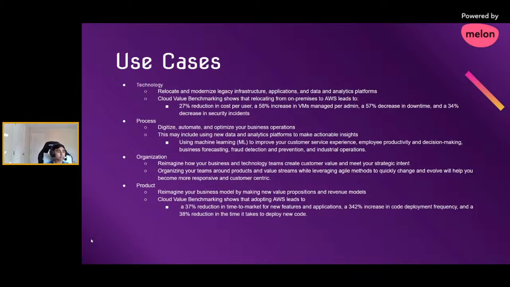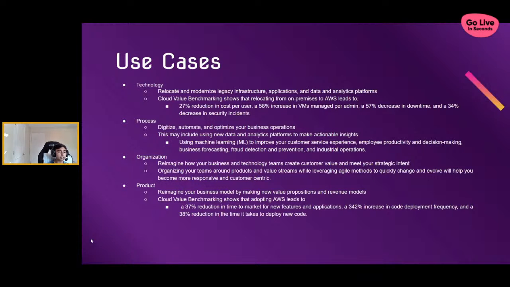For the process, CAF is going to digitize, automate, and optimize your business operations. And this may include using new data and analytics platforms in order to make actionable insights.